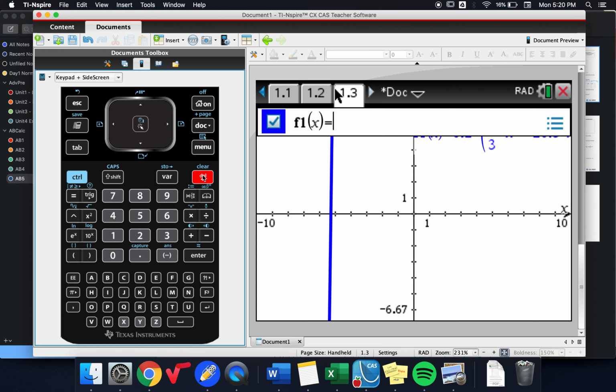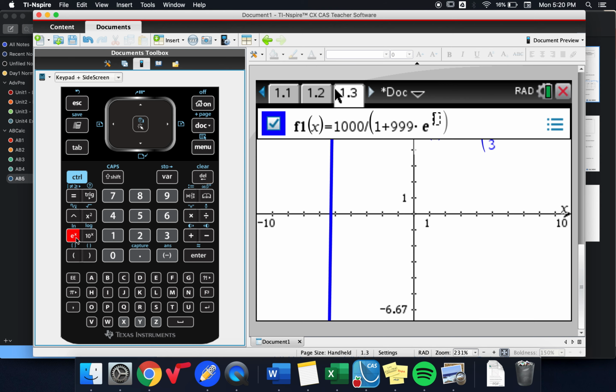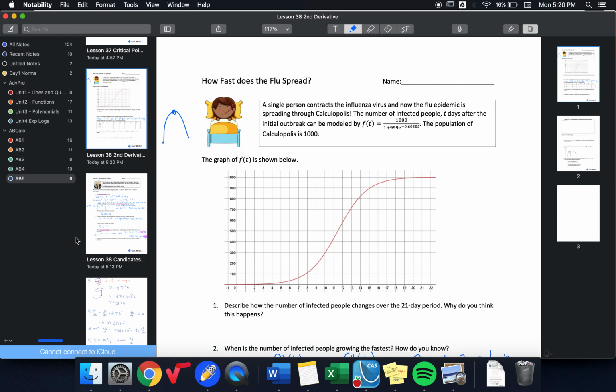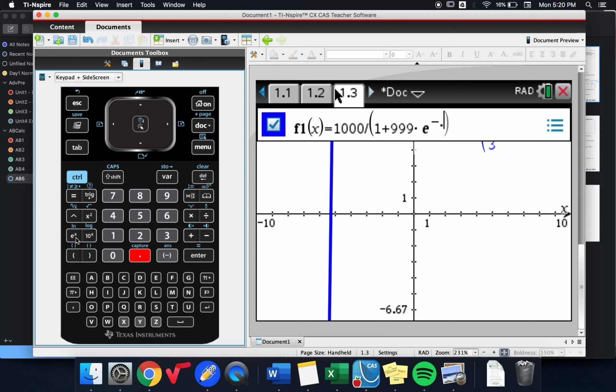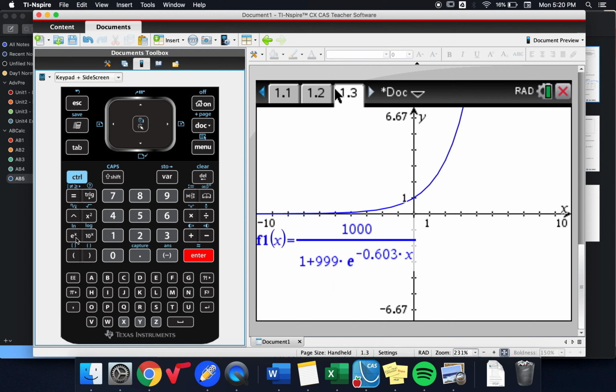All right, we are going to have 1,000 divided by 1 plus 999 times, make sure to use your E button, not ln, just e to the x, and in this case we're going to go negative 0.603 times x. All right, so there is our function.